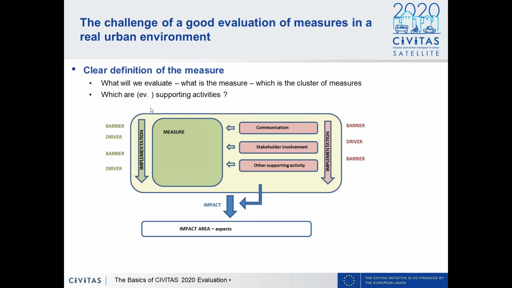And then it's maybe better to see that as a whole strategy, an integrated measure, where you try to understand in a qualitative way how some supporting activities, as we call them, really did help in both aspects I just indicated, both to make the implementation of the measure easier and also to improve the impact.